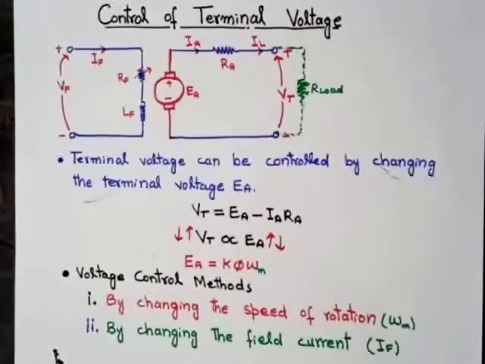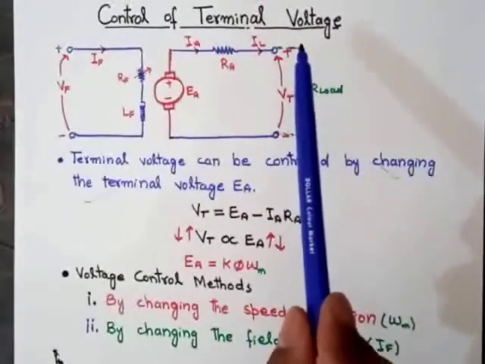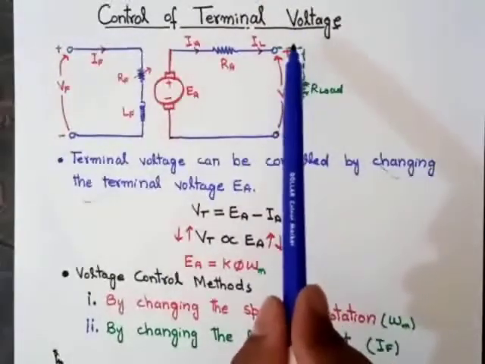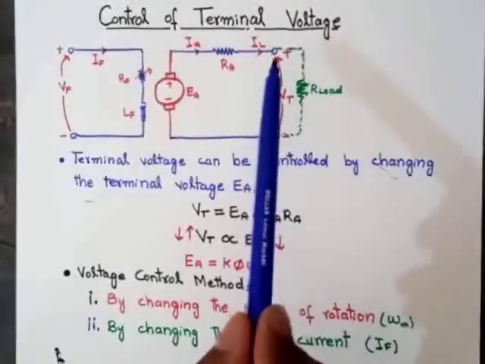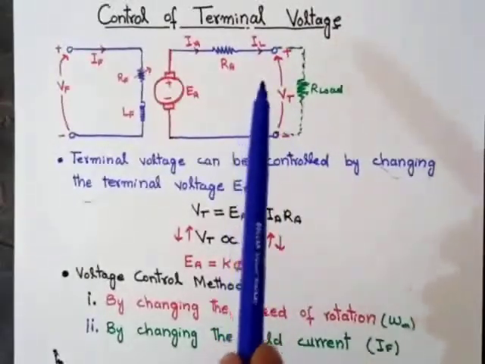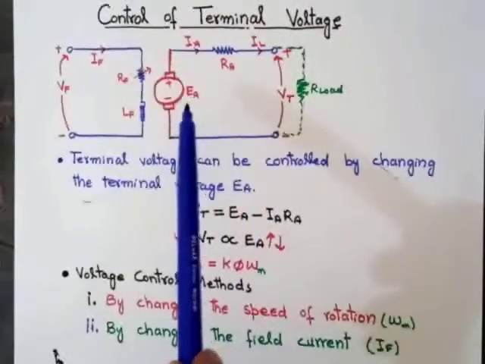Now we will discuss the next topic. The next topic is the control of terminal voltage of a separately excited DC generator. The terminal voltage of a separately excited DC generator can be controlled by changing the internal generated voltage Ea.